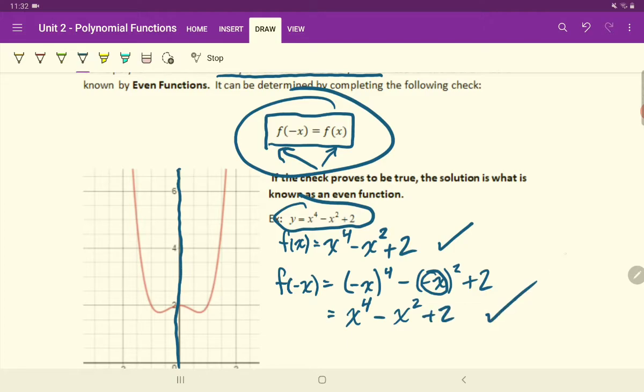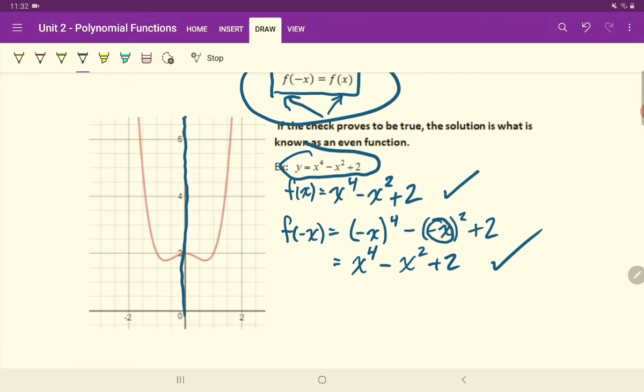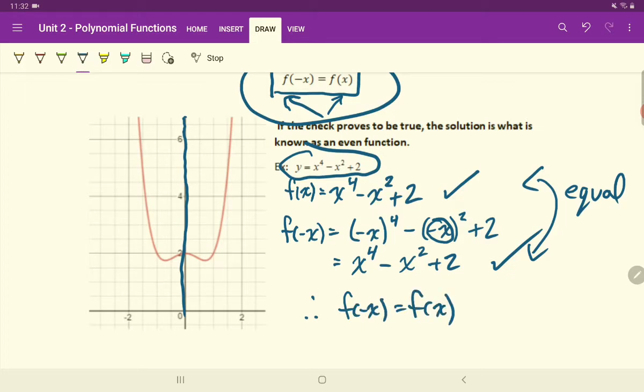And lo and behold, you see that they equal each other. So you would write, therefore, f at -x equals f at x, and is an even function. That means that there is symmetry across the y-axis. So that's how we check that.